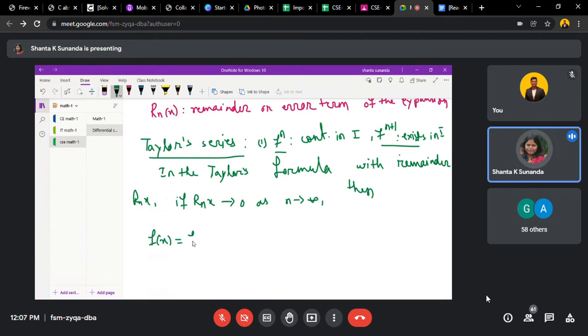So normally we will find the Taylor series of a function, looking at what the condition is. So this is your Taylor series.